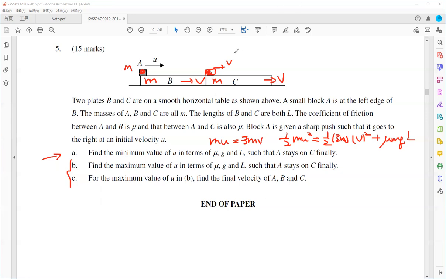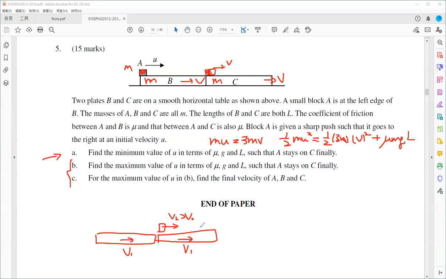So first of all, if it can land at the right hand side of C, let me draw the velocity of the object A when it lands on the object C. Let's say these two are at the velocity v1, and then A must have a velocity v2 that is larger than v1, such that it can still slide over the object C. If v2 is v1, there's no tendency of motion between these two objects.